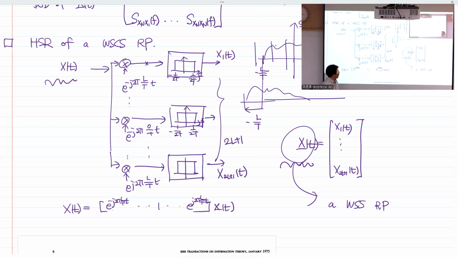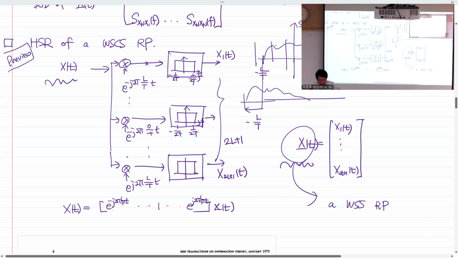And even you can construct a wide-sense cyclostationary random process by using a vector wide-sense stationary random process. Got it? That is the result we are going to show. So this is a kind of preview. So it's quite amazing.